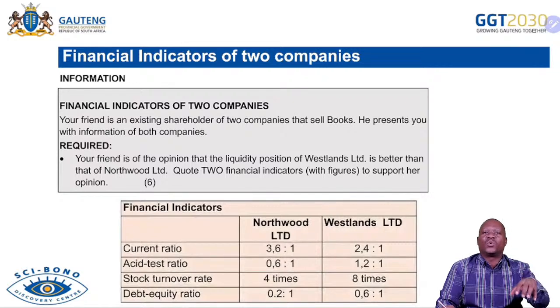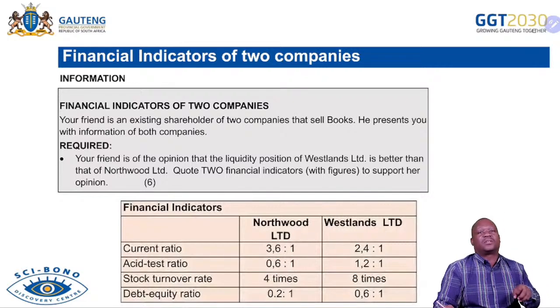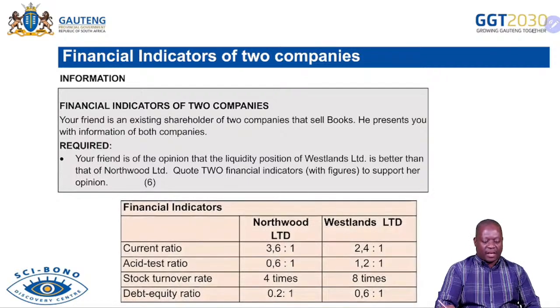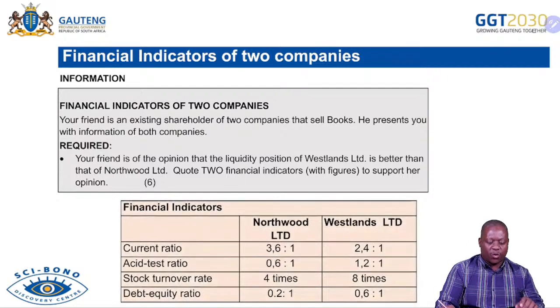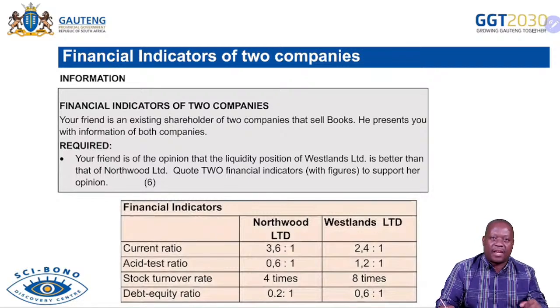Now, out of those, you are supposed to take out the required number of indicators. So what we are doing here, we are going to need 2 liquidity indicators. Can you be able to name any 2 from the information that is presented to you here?